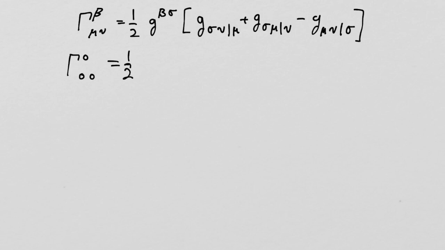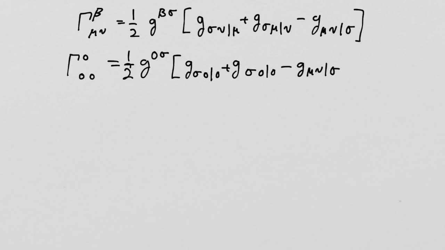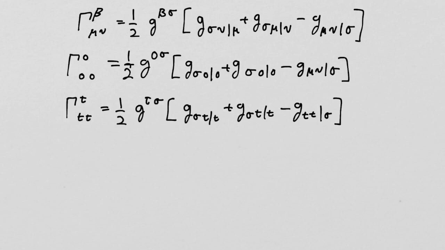So we have 1/2 g 0 sigma times g sigma 0, 0 plus g sigma 0, 0 minus g mu nu sigma. Now here I've rewritten it in the notation that we're going to follow, where the 0 coordinate is actually the t coordinate.